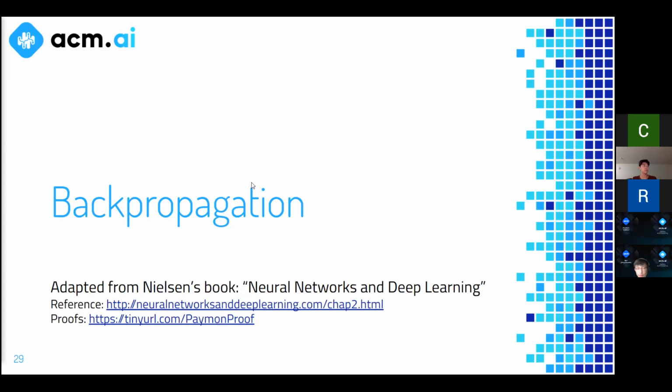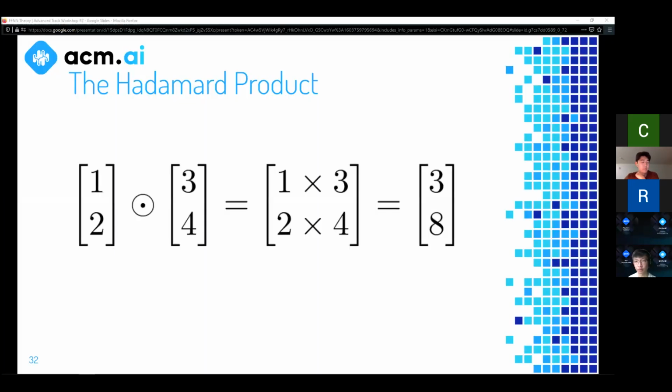I have a question. Basically, the activations are like the inputs each time after the first one, right? The first layer we have actual inputs, and then the activations take the place of those inputs. That's right.